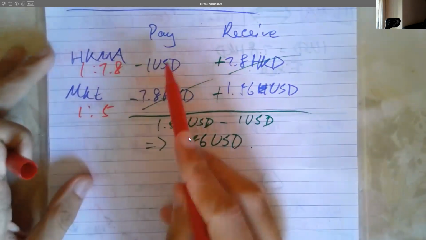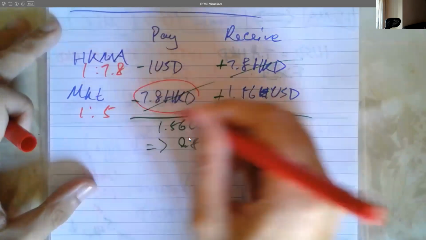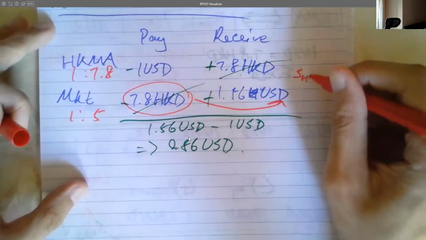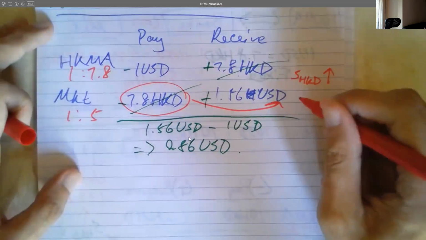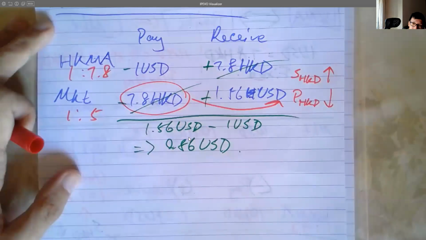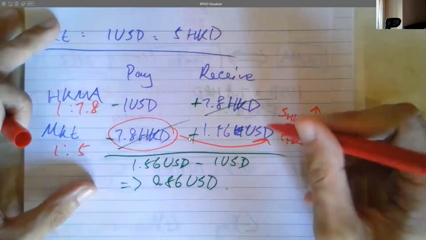Let's take a look. Since banks are paying the money to the market, what does that mean? It means that the supply of Hong Kong dollar in the market will go up. When supply goes up, the price of Hong Kong dollar goes down. So it will depreciate, until when?